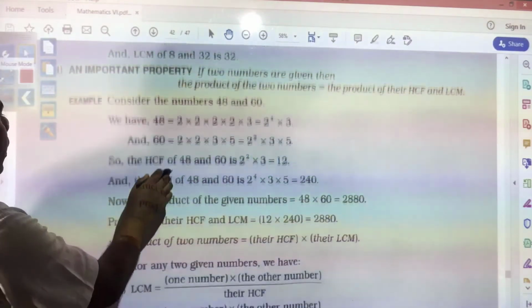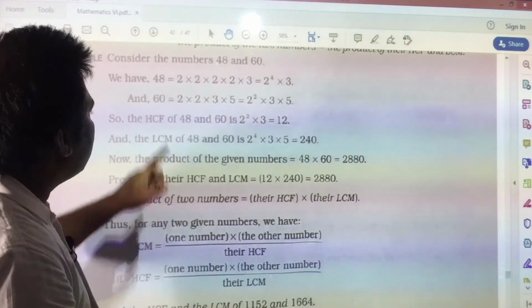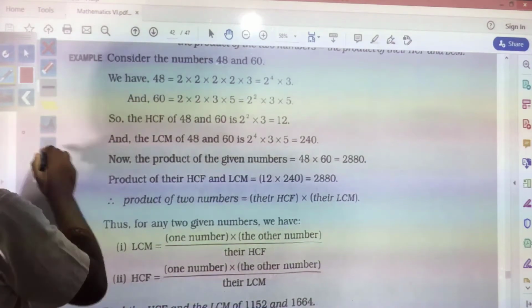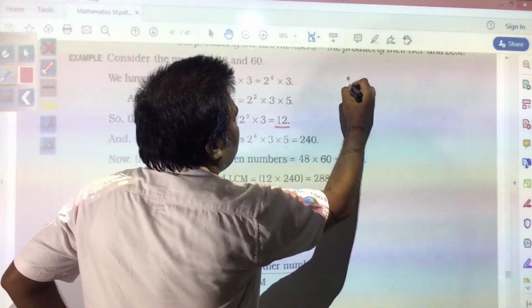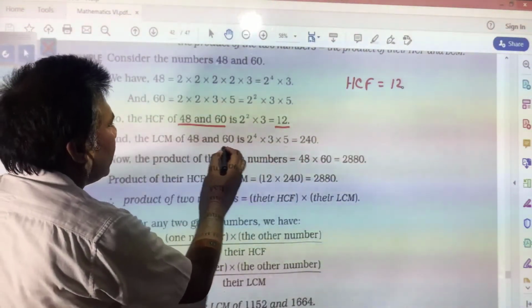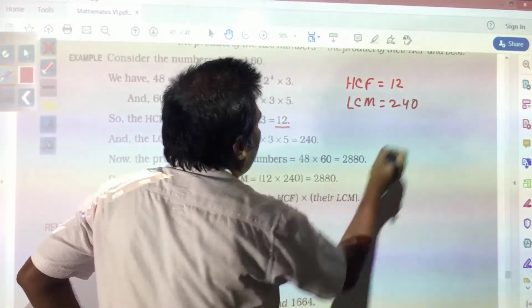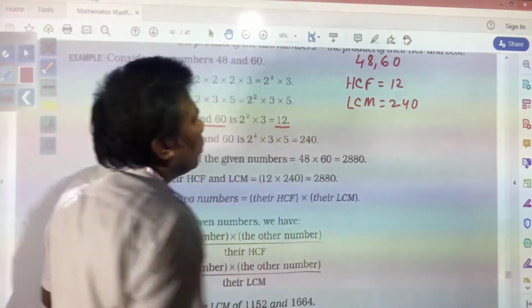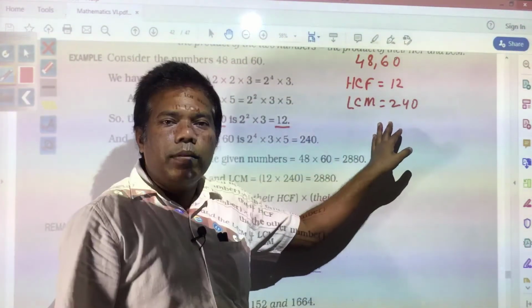If you find the HCF and LCM of 48 and 60, HCF of 48 and 60 is 12 and LCM is 240.